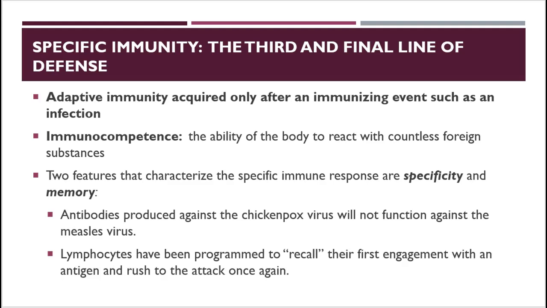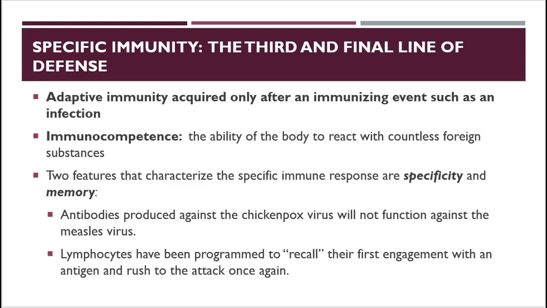While the first 2 lines of defense are innate immunity, so you're born with these structures and forms of defense, specific immunity is adaptive, and it's only acquired after an individual has experienced an immunizing event, like an infection or receiving a childhood vaccination.